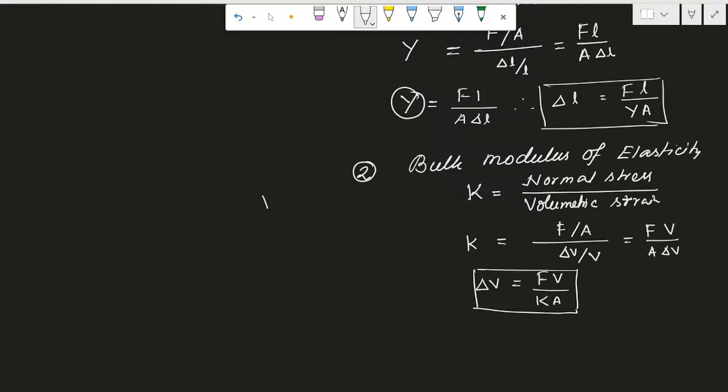So it is Newton per meter square, and the mostly used ones are megapascal and kilopascal. And definitely Newton per meter square is also used, because Newton per meter square is nothing but Pascal only.